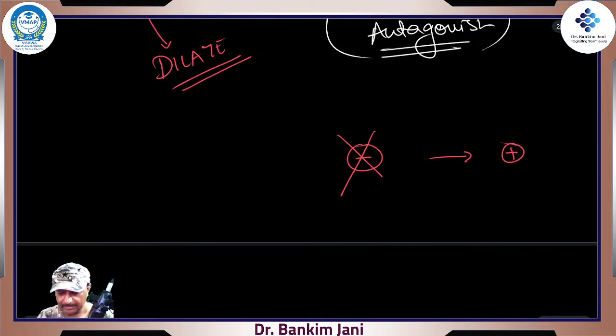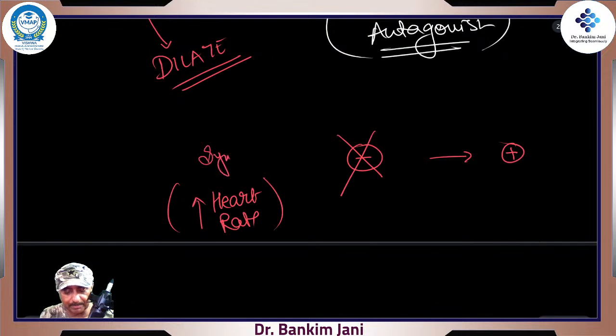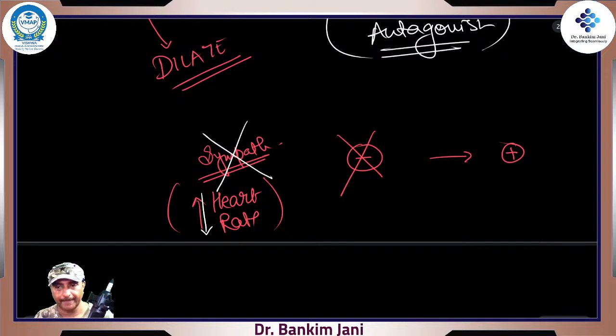Or say the heart rate is increasing because of the sympathetic system. So if we go for a sympathetic antagonist, it will take the heart rate down, correct.